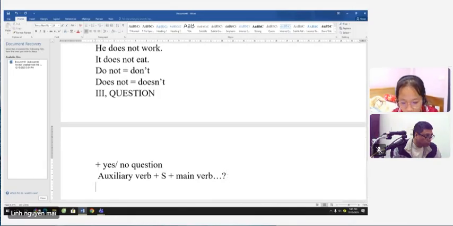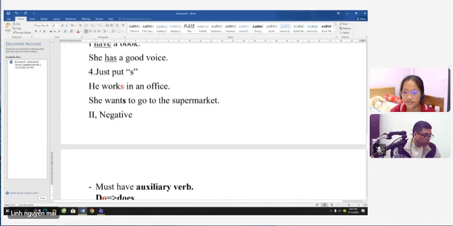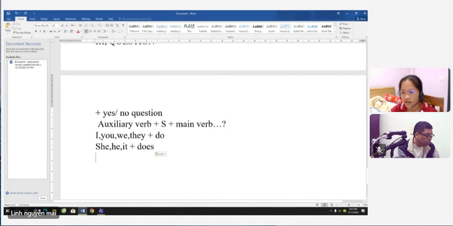So for example, you know that I goes with do, she and it go with does, okay? It is a little bit the same as the negative because this has an auxiliary verb, but we don't have not, okay?